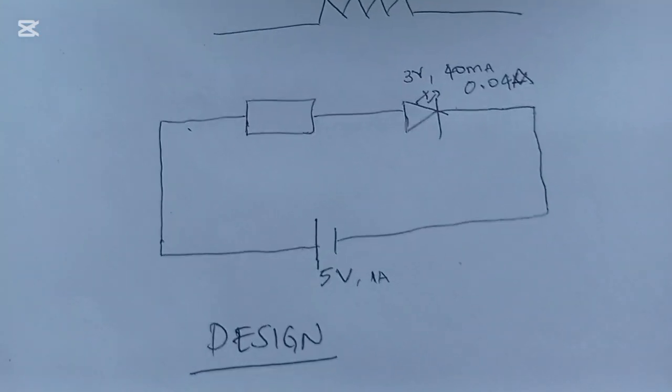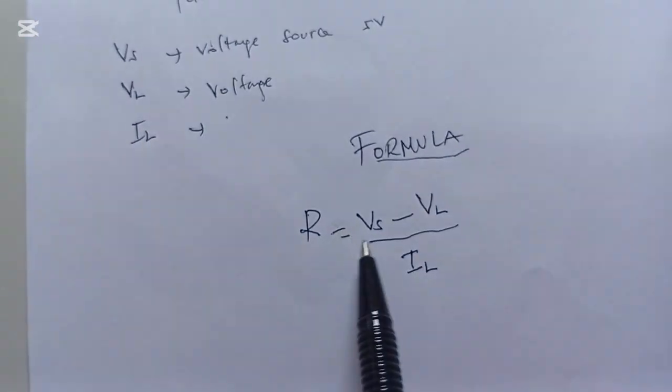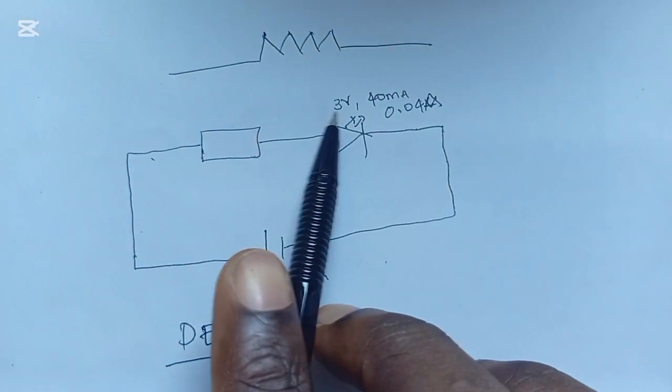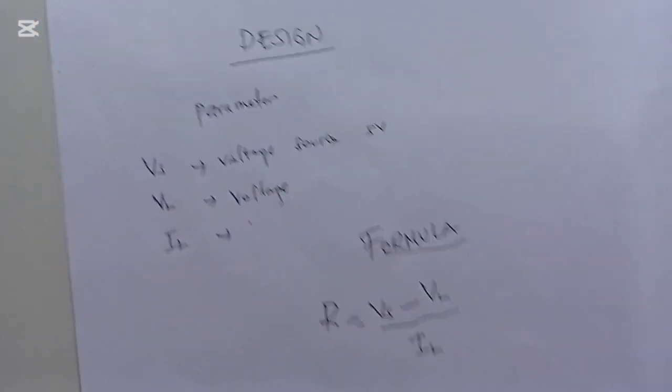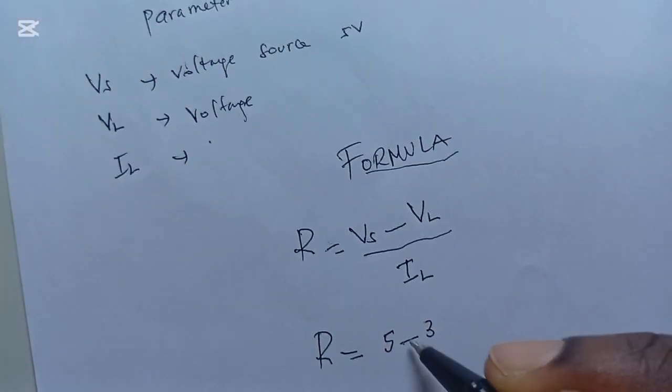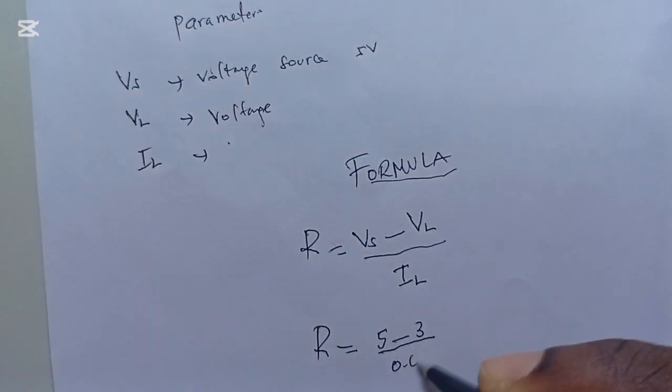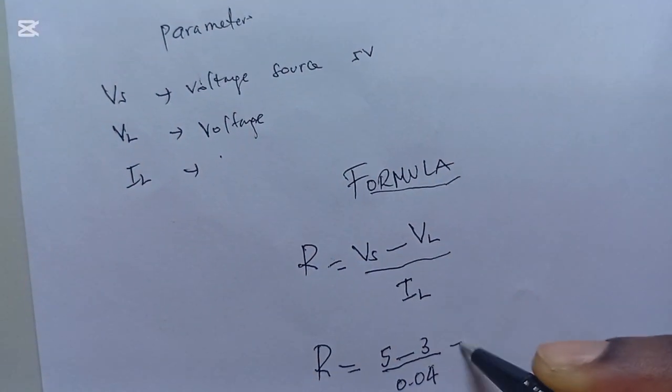Now let's substitute our values from the circuit. Resistor is equal to supply voltage Vs, which is 5 volt, minus the load voltage, which is 3 volt, over the load current, 0.04.